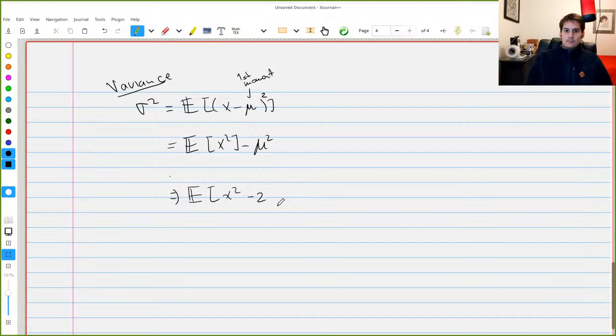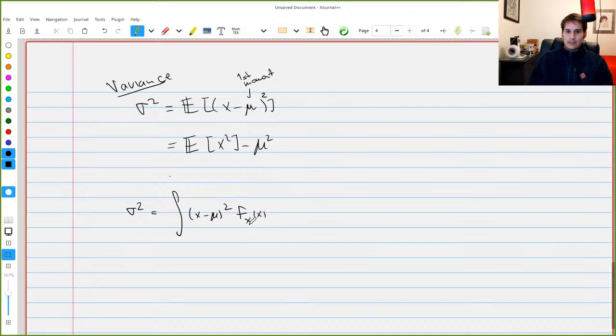No. Even before that, we already know what that expected value is. We know it's the integral of what is inside times our probability distribution. So you could just expand that immediately. Okay, so this is the integral of x minus mu squared and the probability of x that I will not put here.